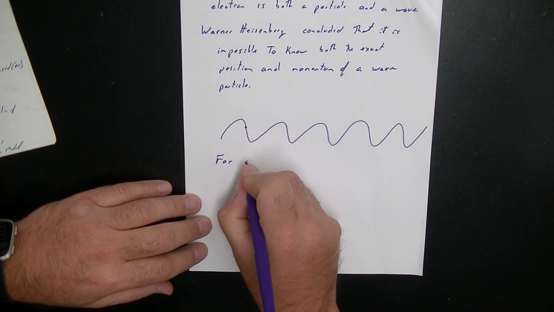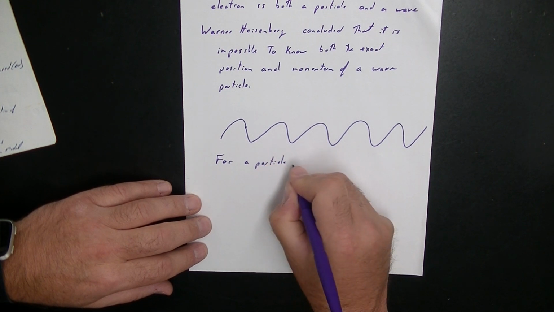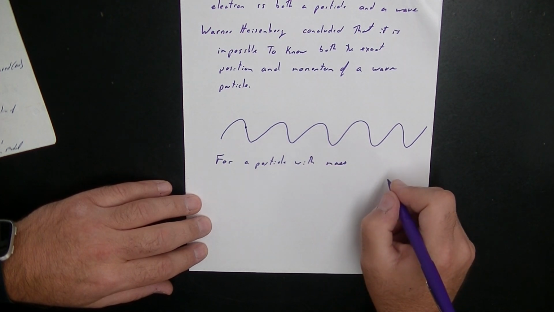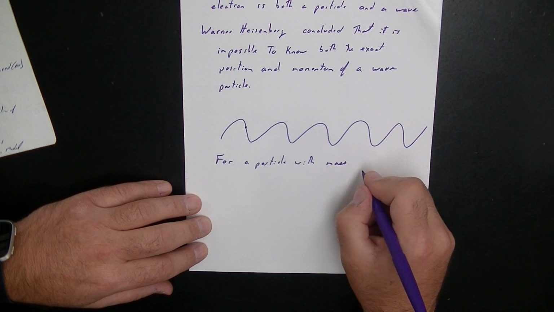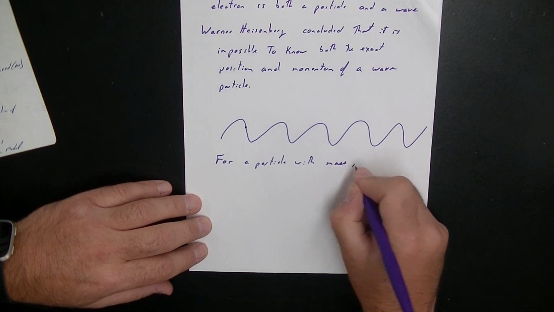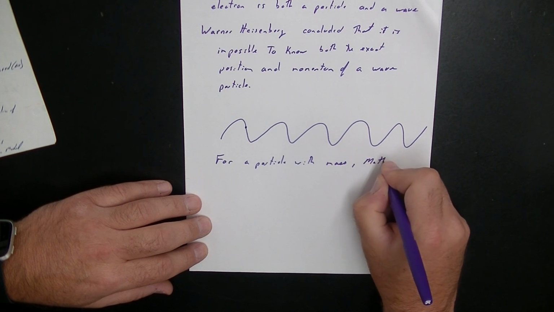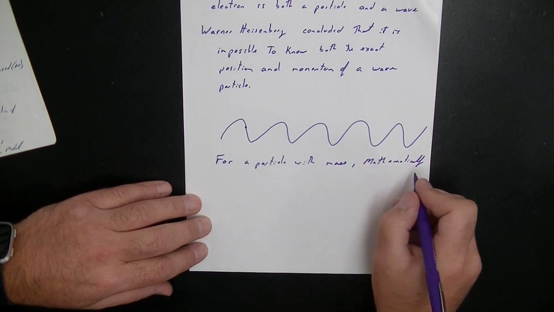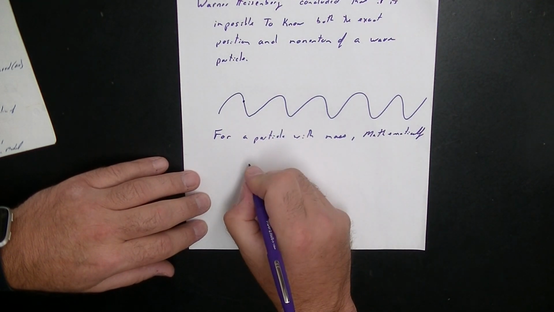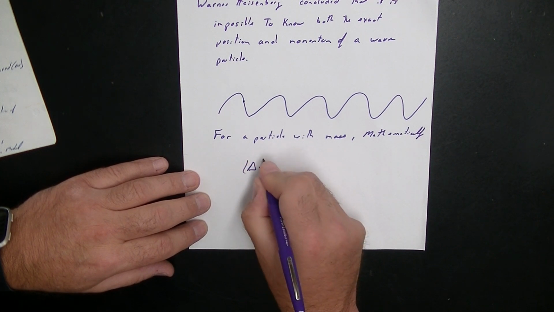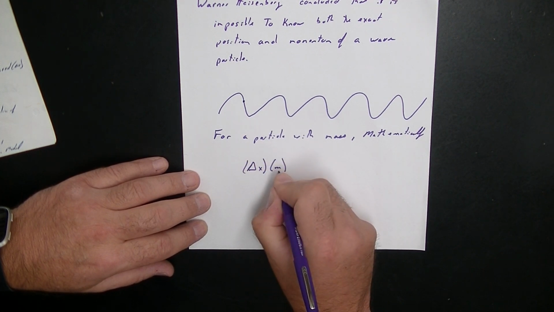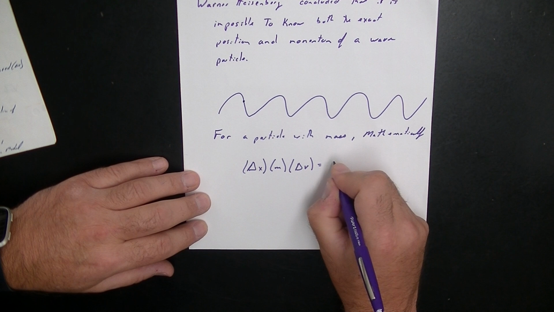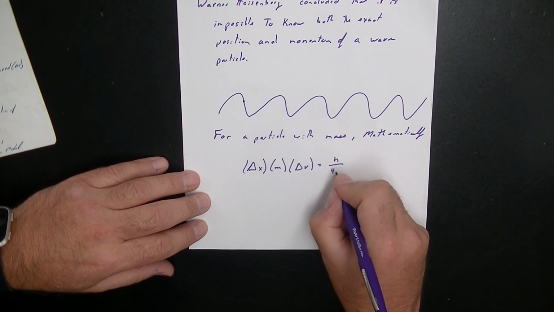For a particle with mass, mathematically, he came up with this: delta x times m, which is mass, times delta v equals h over 4 pi.